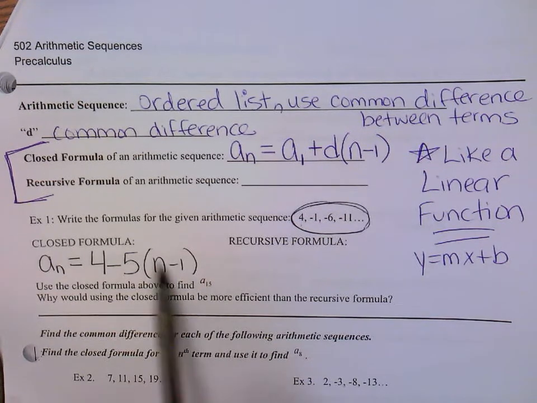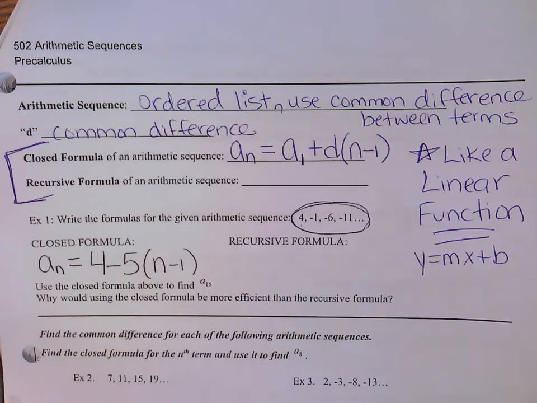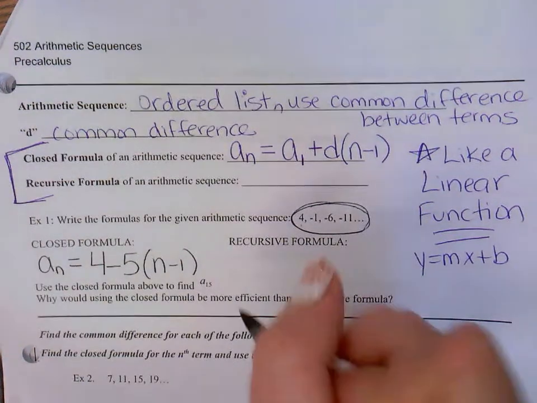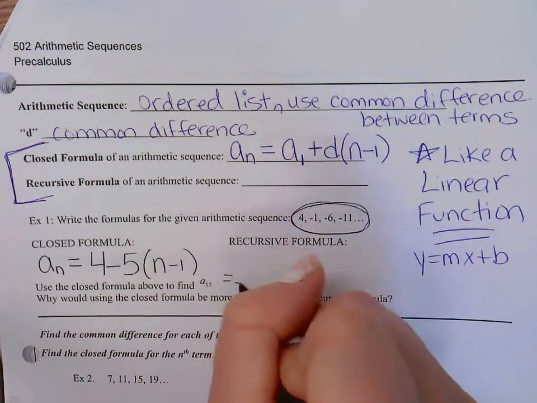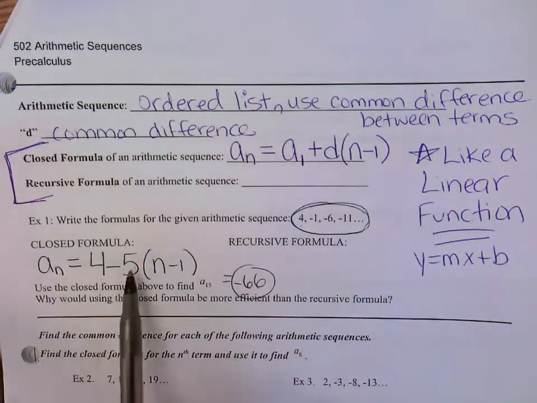So plug in 15 and see what you would get on your calculator. You're doing 4 minus 5, and then if you want to do the parentheses, you can, but you should know that 15 minus 1 is 14. So you'd be at what? Negative 66.